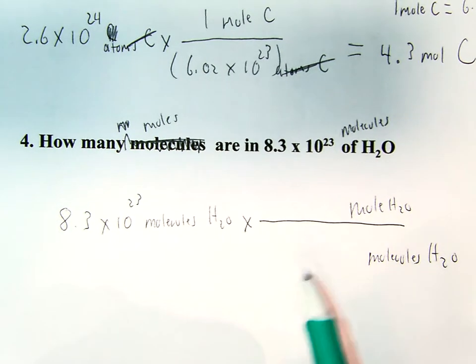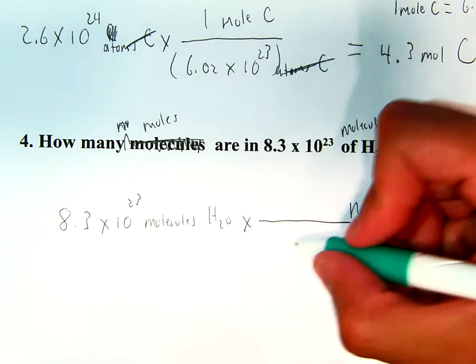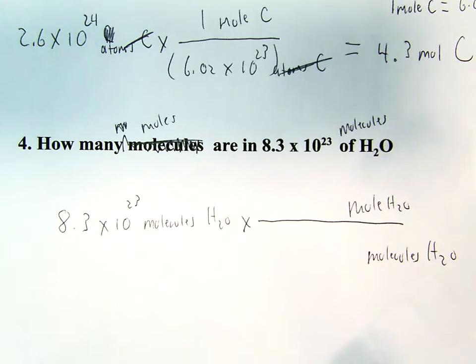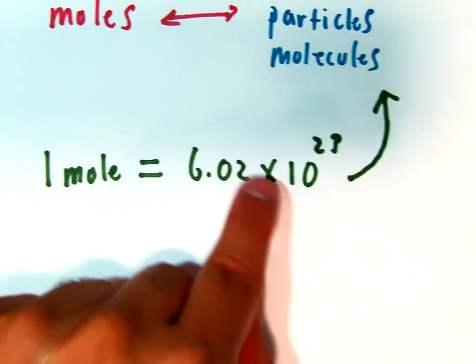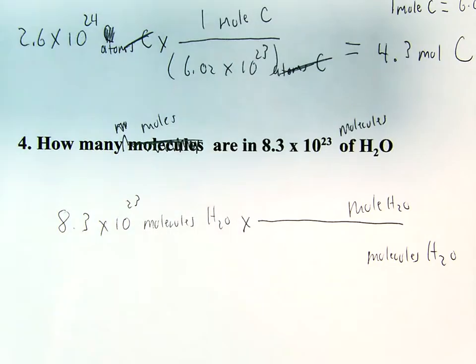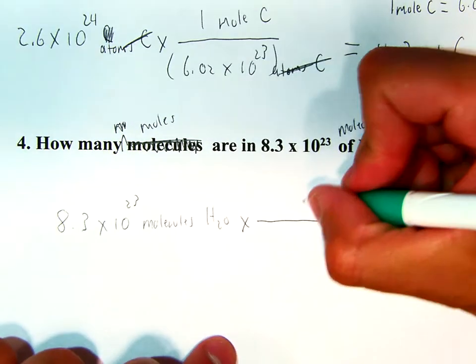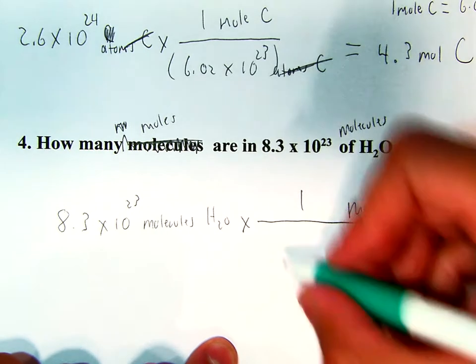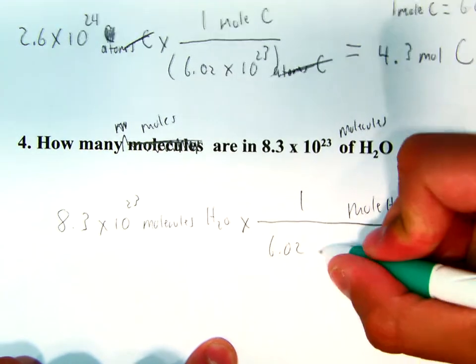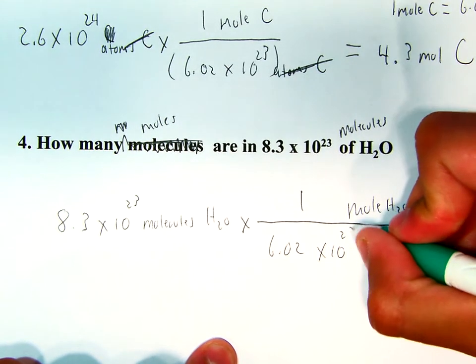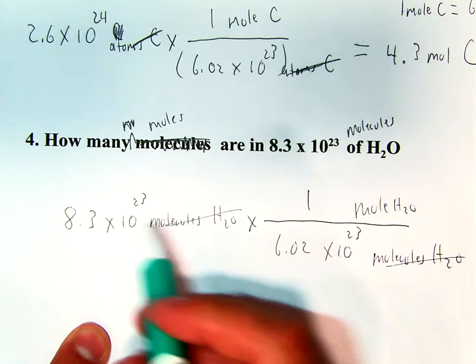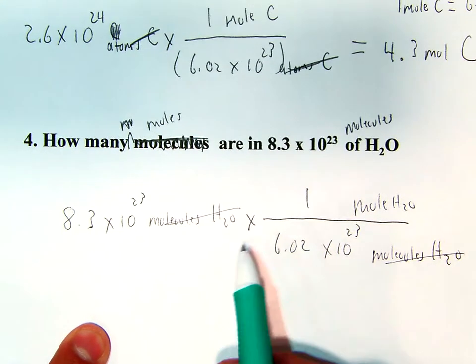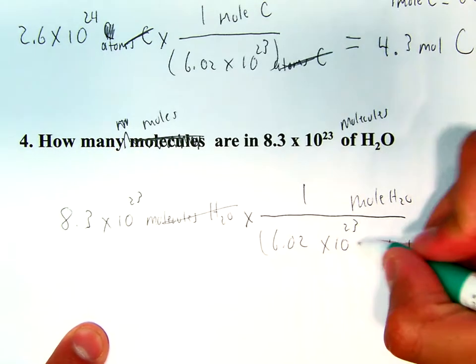If I look at my conversion, that's going to be Avogadro's number, right? So I go 1 mole of H2O equals Avogadro's number. And then I just go ahead and do the math. Cancels. This times 1 divided by this whole thing.